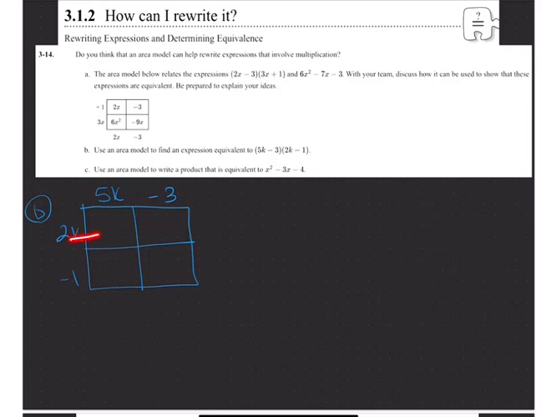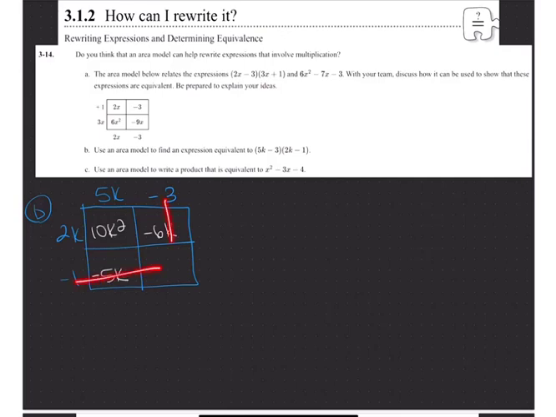Okay? We've been doing these. 5x times 2x is going to give me 10x squared. 2x times negative 3 is going to give me negative 6x. 5x times negative 1 is negative 5x.